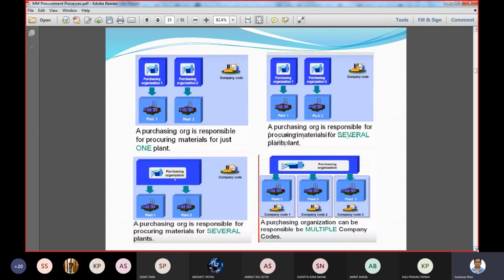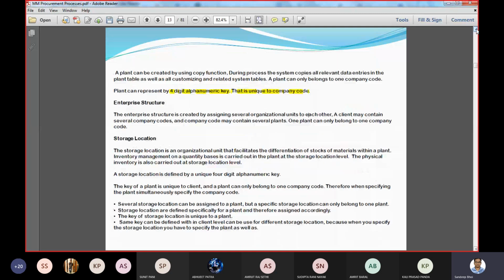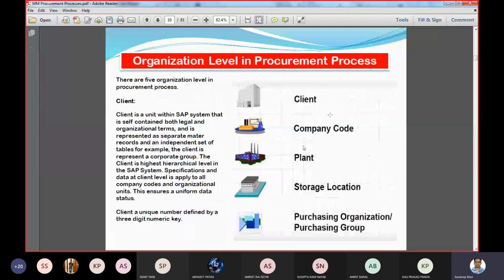Yeah, I got your point. Let me show you. In this hierarchy you have client, company, plant, and storage location. Purchasing organizations can purchase material for a specific plant, or they can procure material for company level also, because under one client there are so many companies.